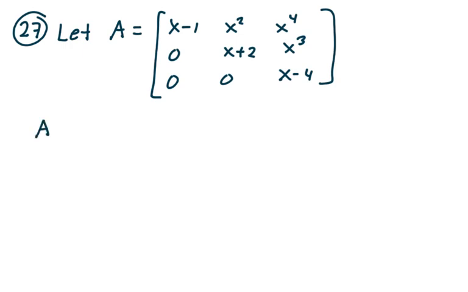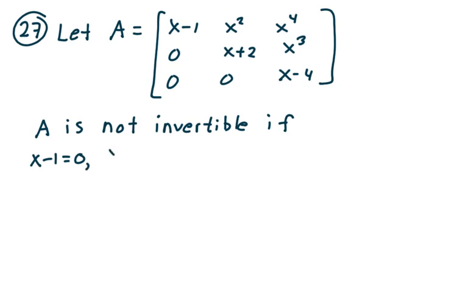So A is not invertible if x minus 1 is 0, x plus 2 is 0, or x minus 4 is 0.